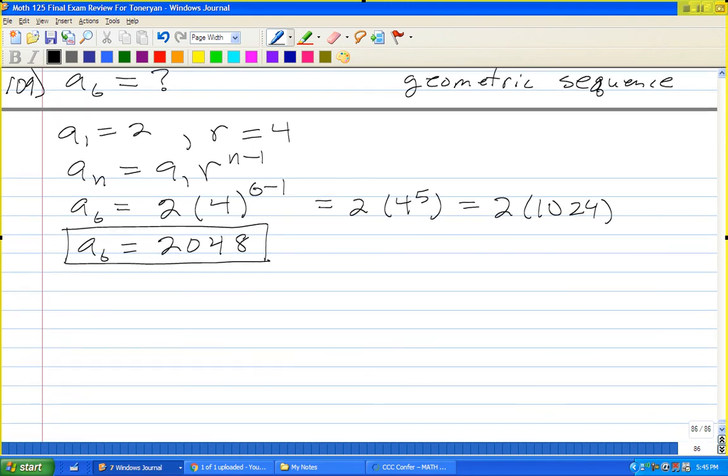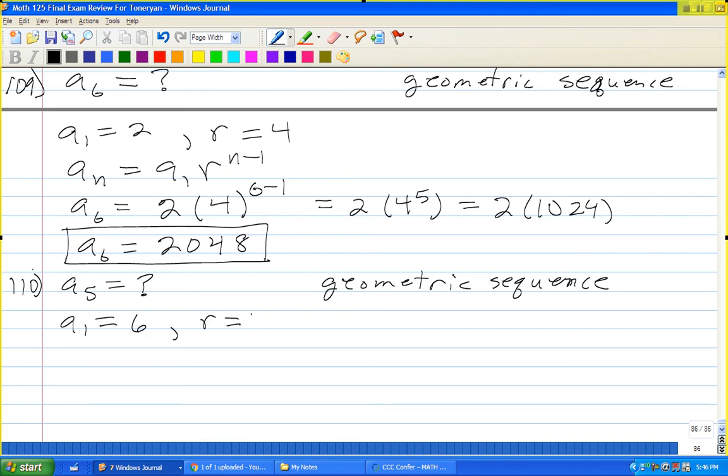Let me do problem 110. Find the fifth term of a geometric sequence whose first term is 6 and whose common ratio is negative 4.